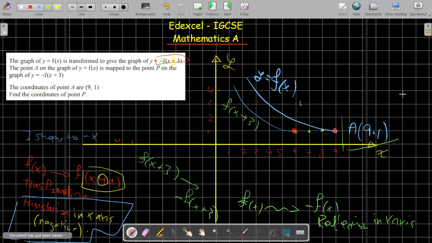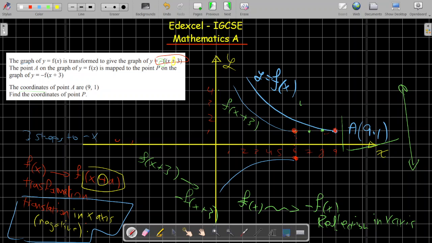So the x-axis is gonna be the mirror. What is the meaning of that? It means that my point here is gonna move 1 step and it's gonna be here. And my graph, since it's a reflection, it means that it's gonna be like this. So this is the whole thing.